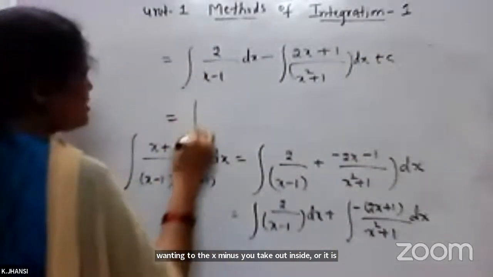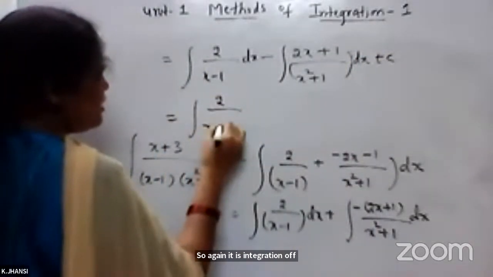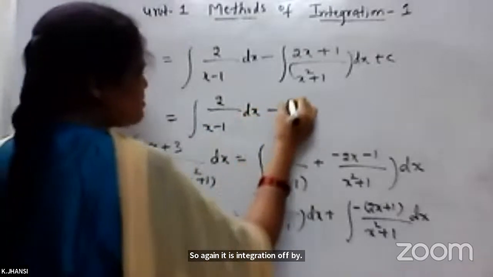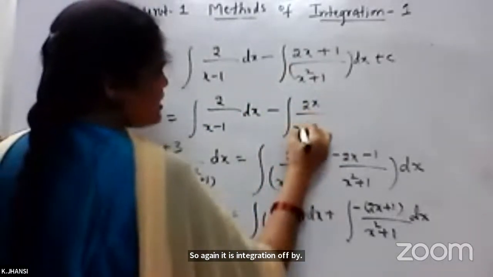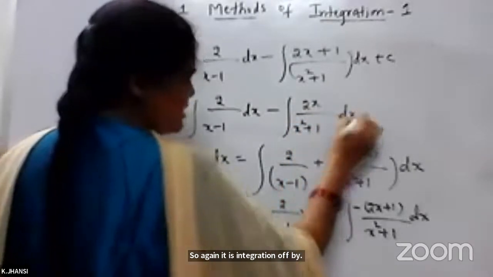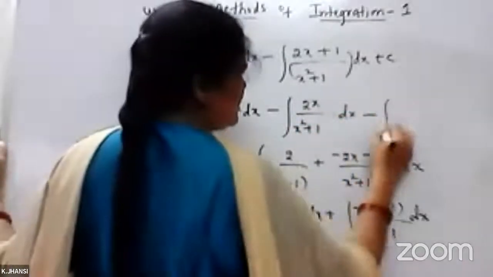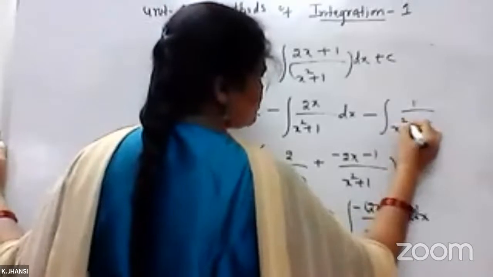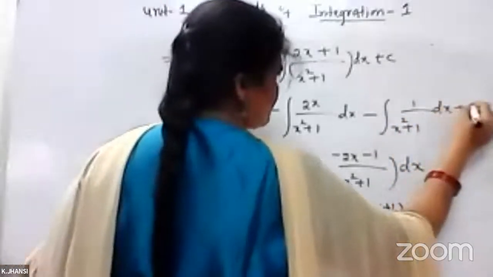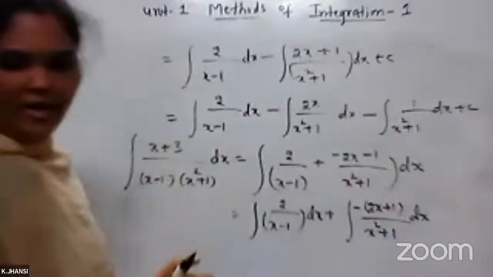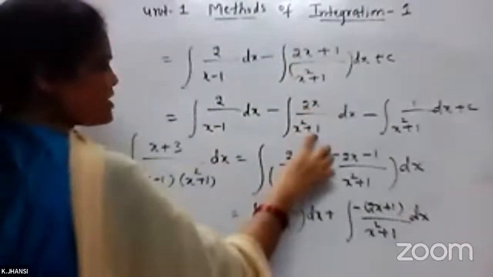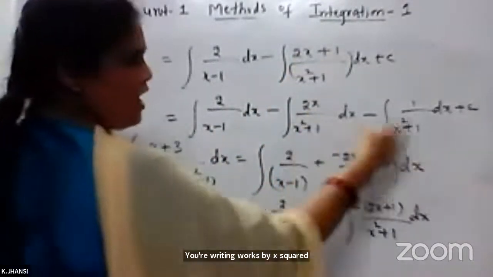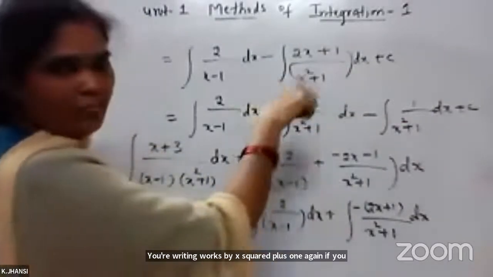So again it is integration of 2 by X minus 1 dx minus 2X by X square plus 1 dx minus integration of 1 by X square plus 1 dx plus C. You are splitting this one numerator, okay? You are writing 2X by X square plus 1. Again, if you do the addition of those two, you will get the same term, okay?